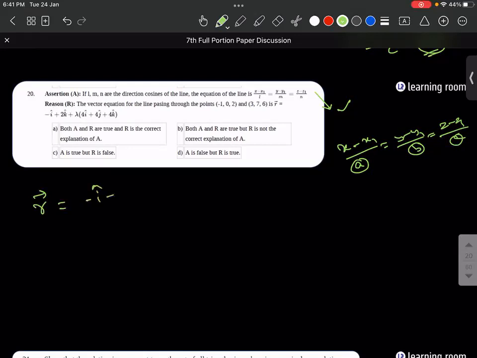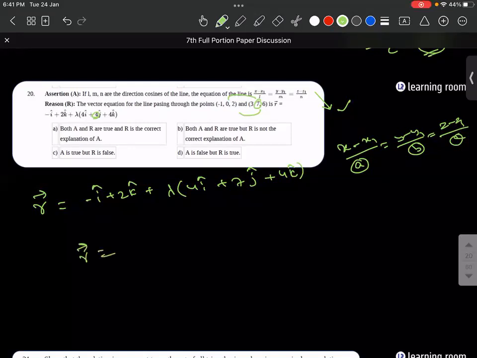Minus i cap plus 2k cap plus lambda times 4i cap plus 7j cap plus 4k cap. 4i cap is not 4, this is 7 minus 0. Sir, how did you frame this one? Because r vector is equal to any one of the vectors plus lambda times the direction ratio of this line.